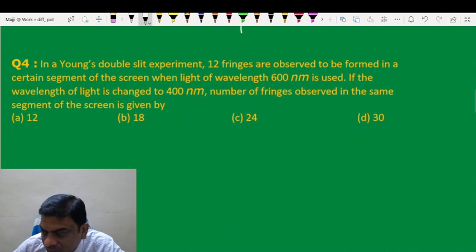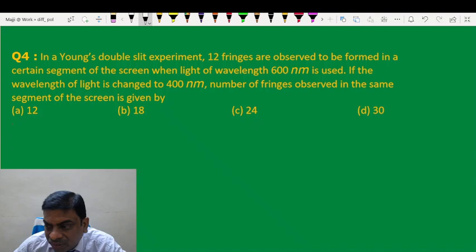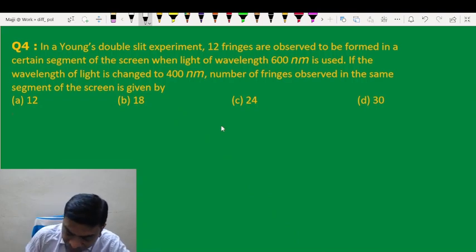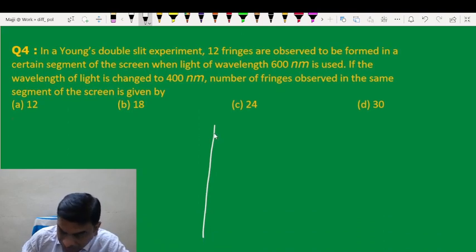In a YDSE, 12 fringes are observed to be formed in a certain segment of the screen when light of wavelength 600 nanometer is used. If the wavelength of light is changed to 400 nanometer, what is the number of fringes observed in the same segment of the screen? Now let us say this is the screen, students. This is the screen.